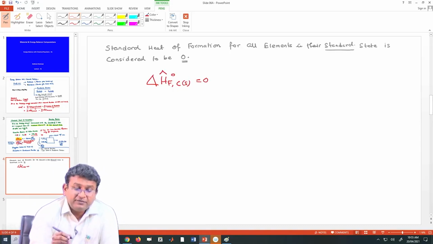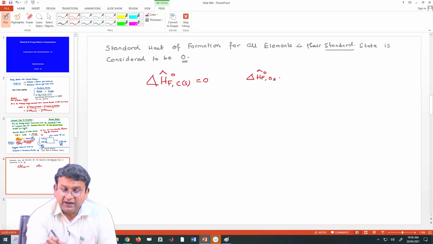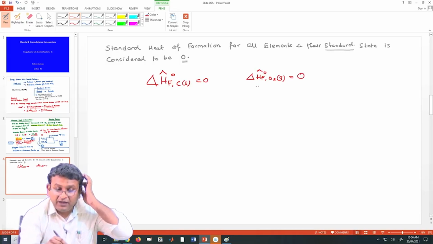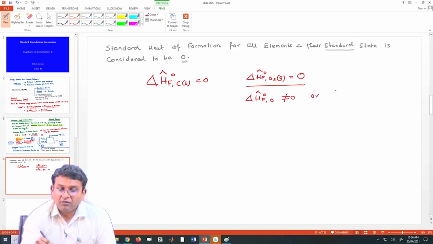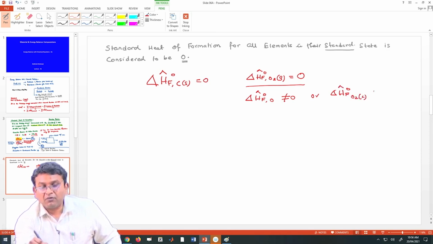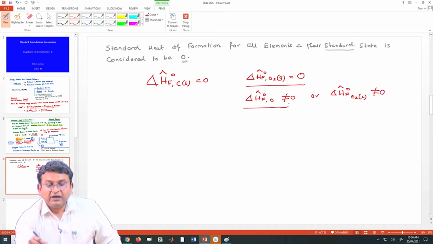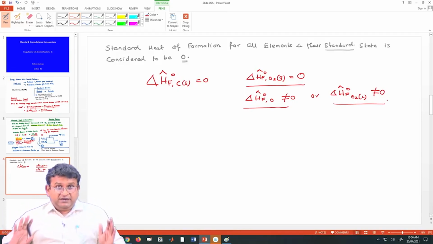But please do remember, let us say heat of formation of oxygen, and it is diatomic oxygen, which is the stable standard state, is 0. So, if you are talking about standard heat of formation of liquid oxygen, for example, it is not 0.